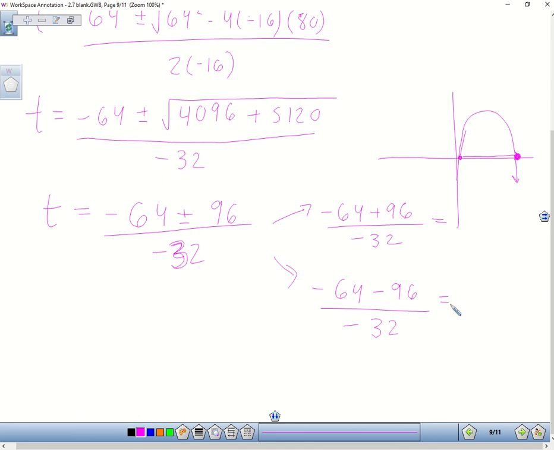Negative 64 plus 96 is 32, so this becomes negative 1, and then down here it becomes 5.